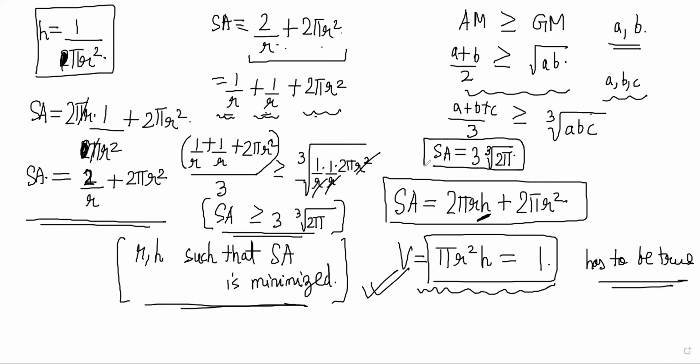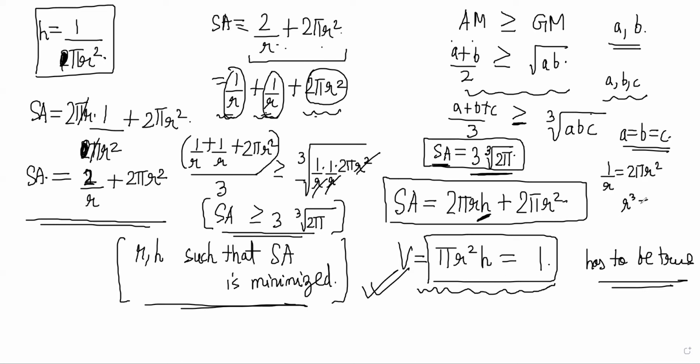And the equality case in AM-GM happens when the quantities themselves are equal, right? The equality case will happen when a is equal to b is equal to c. So here, if the surface area has to be equal to this, 1 by r should be equal to 2 pi r square.